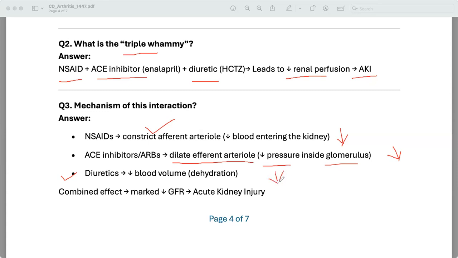These all three drugs decrease the urine output, combined effect, marked decrease in the GFR, and it leads to the acute kidney injury.